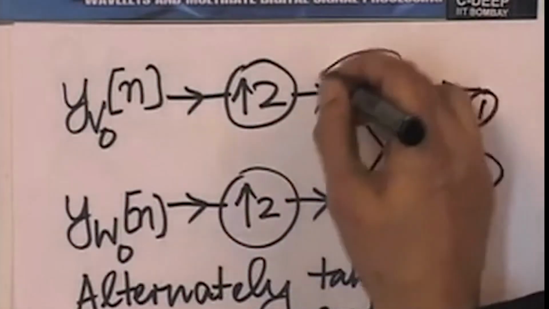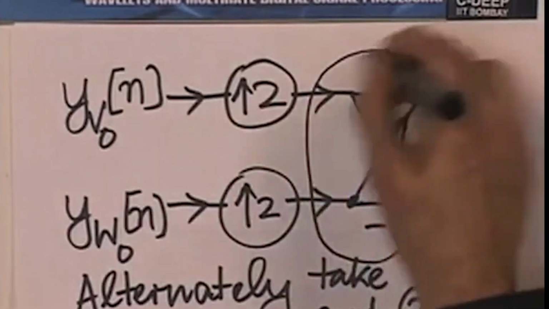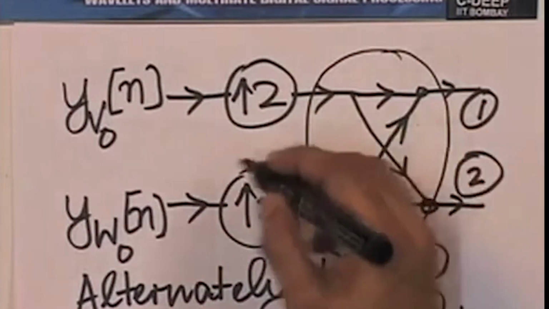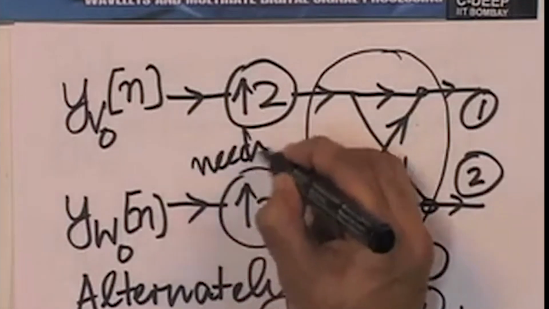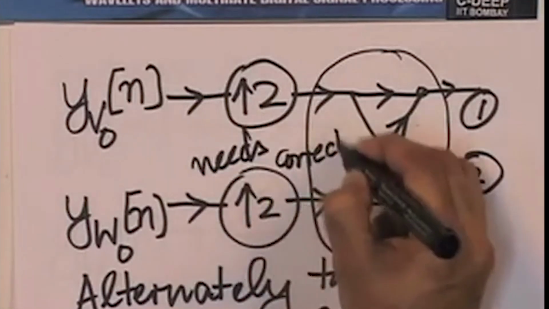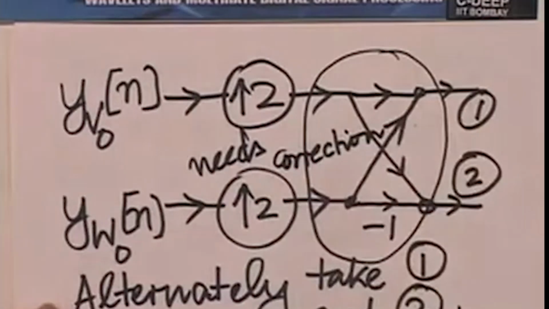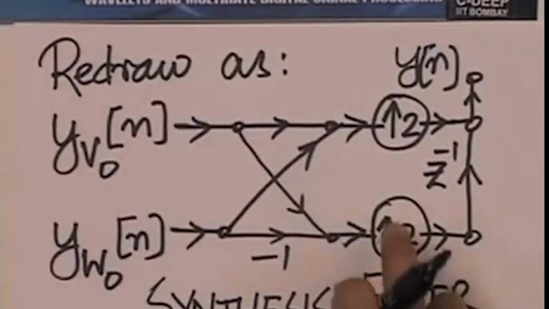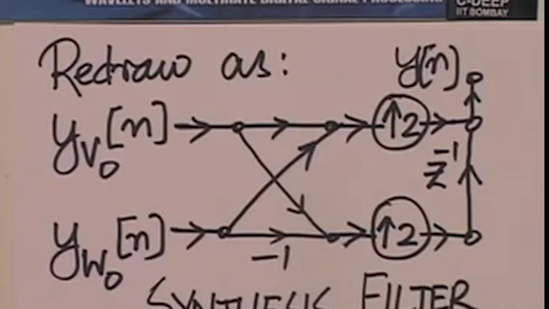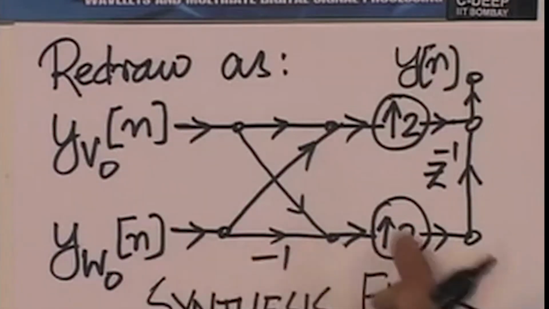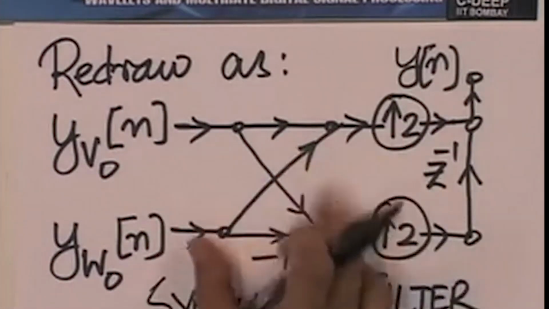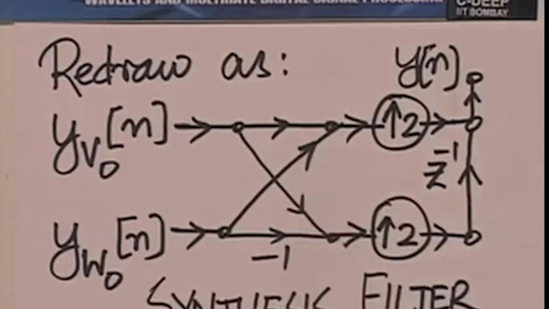This is intuitively okay, but this needs to be corrected. In fact, now we have the corrected version emerging from here, and let us draw that corrected version by placing the upsamplers back here. Remember, the upsamplers commuted with this operation here. So, if we do that, we have the following structure.